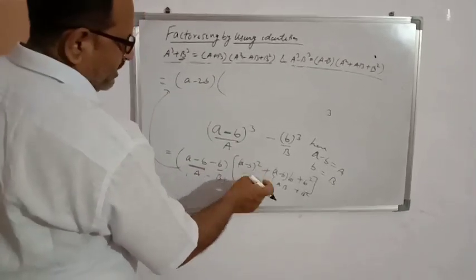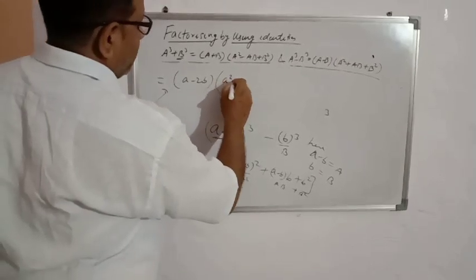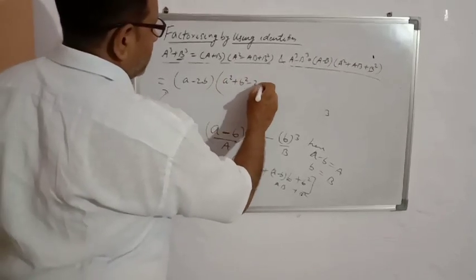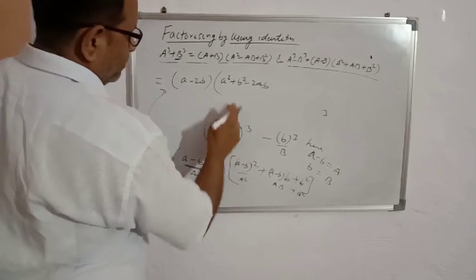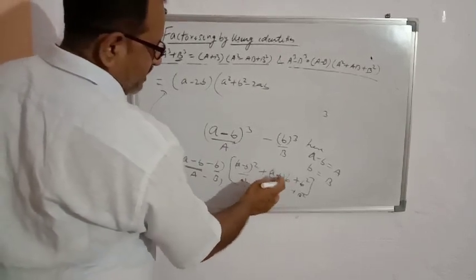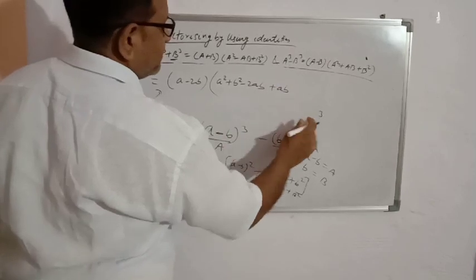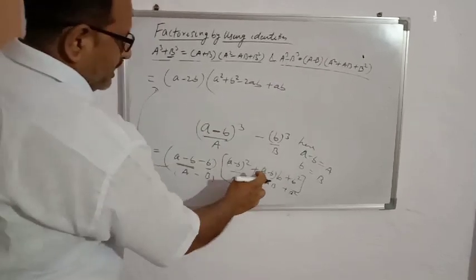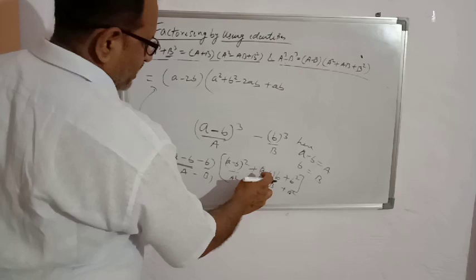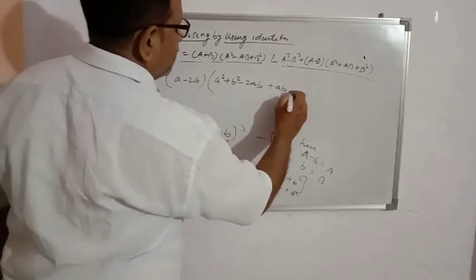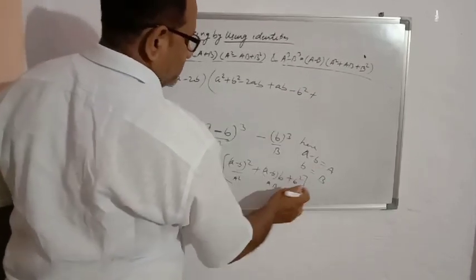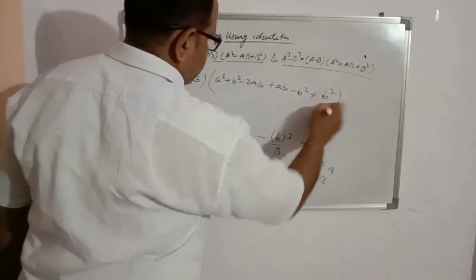Expand it: it will be a square plus b square minus 2ab. Open this bracket and multiply: a into b, ab; plus into minus, minus b into b, b square, minus b square; plus the last term, b square.